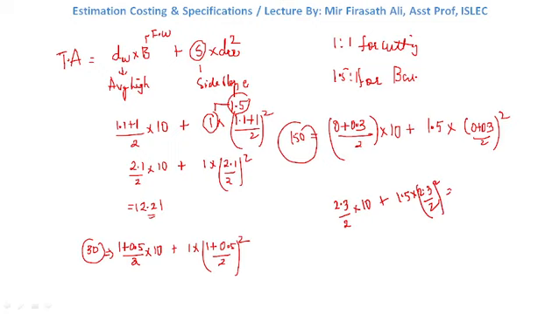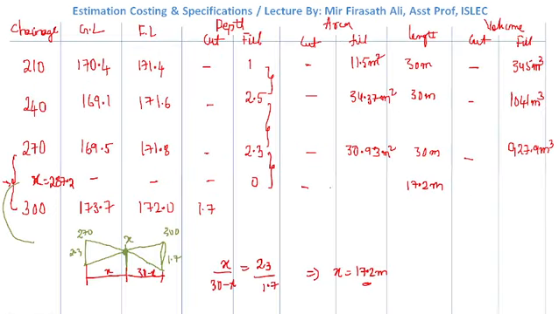On multiplying the area with the length, we will get the volume: 13.48 into 17.2. We will get the volume as approximately 231.8 meter cube.